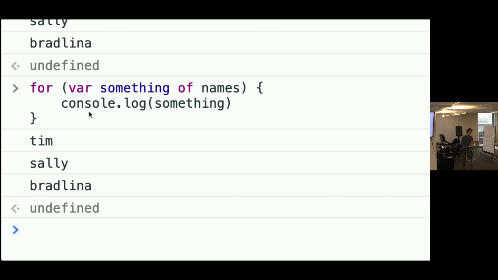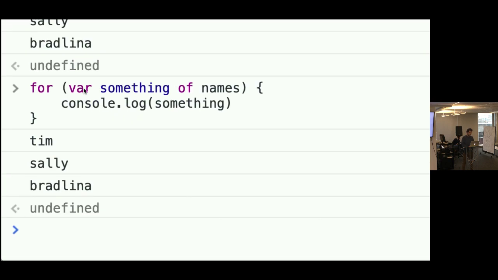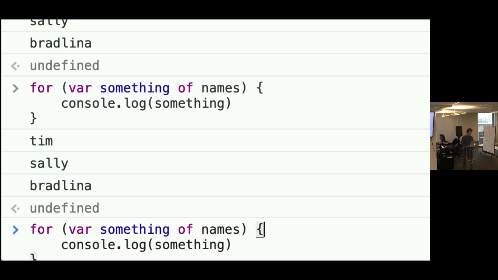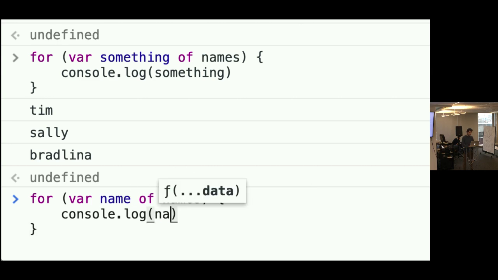Super useful because I don't need to do all my crazy index stuff anymore. I get this stuff wrong every time. This is a little harder to get wrong. For var something of names. When I write this out, I might go for var name of names. I like going var singular of plural. That's just a nice way to write it out.